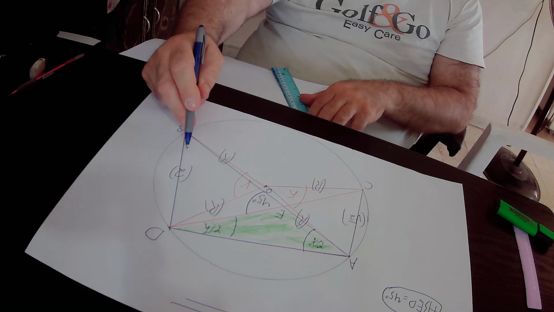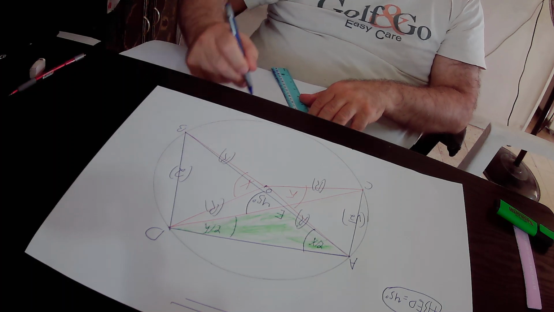Side DB equals 2 units in length, according to what is given in the question.